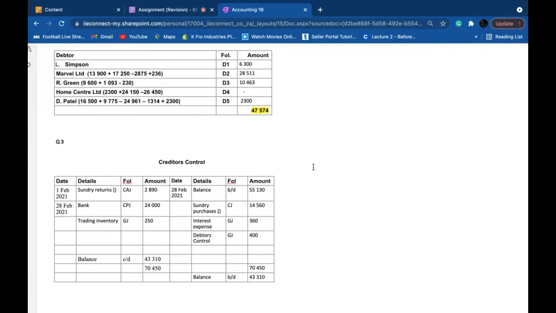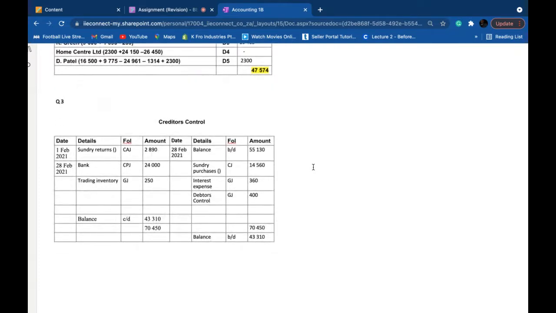The last bit, the last question they had for us, question 3. Let's see what's going on there. Under the required, they say, taking into account all the errors and omissions noted above, prepare the corrected creditors control account for the month of June. So here now we're looking at the month of June, and they've given us the creditors control.